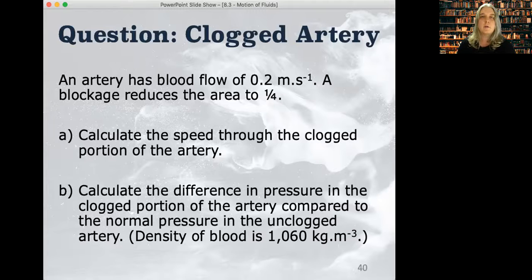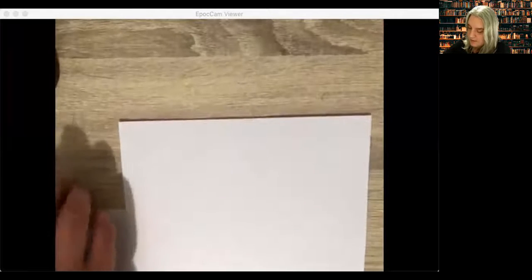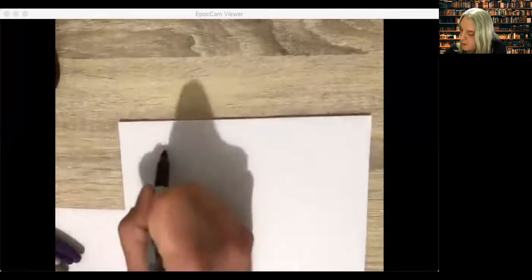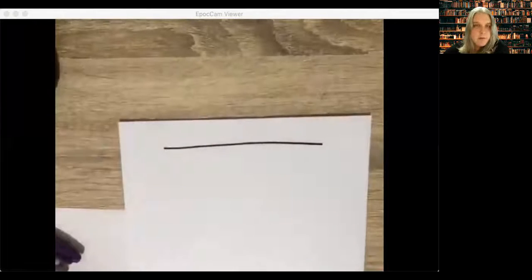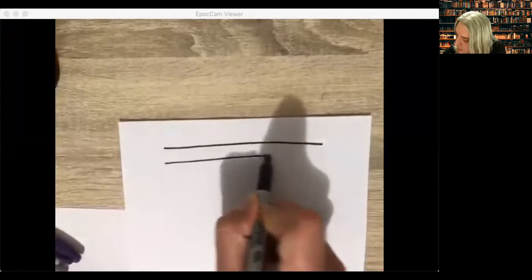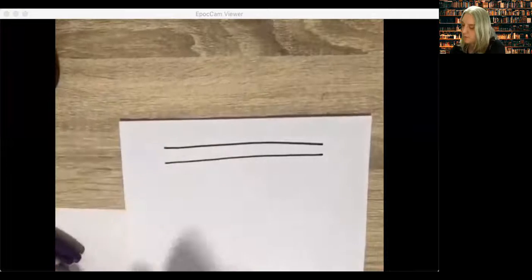All right, so let's have a think about this one. This is just the same concept as we've been doing, but now we just happen to be talking about blood in an artery. So we've got an artery, and we've got whatever the area is here.